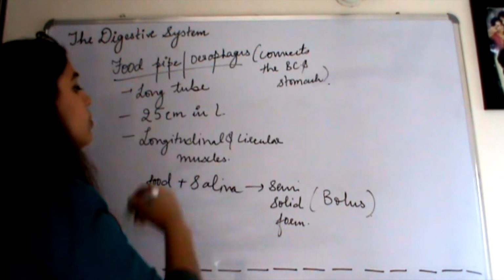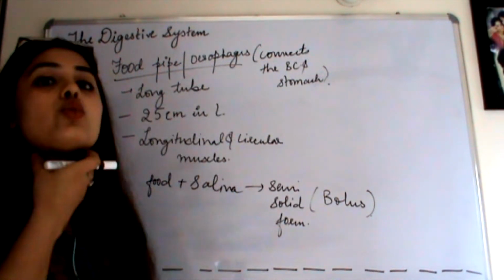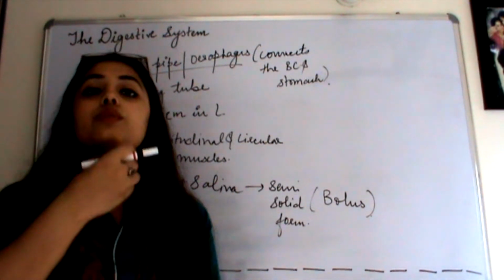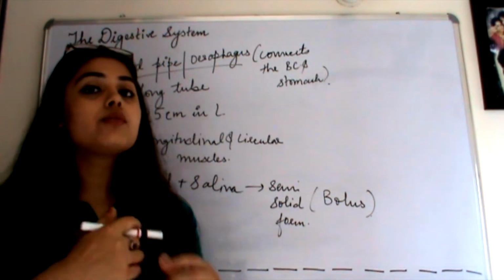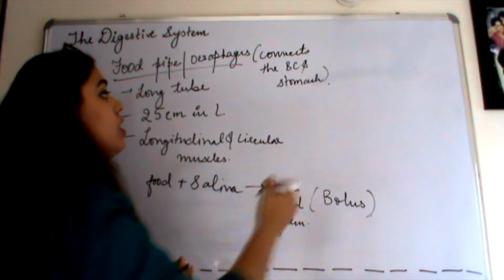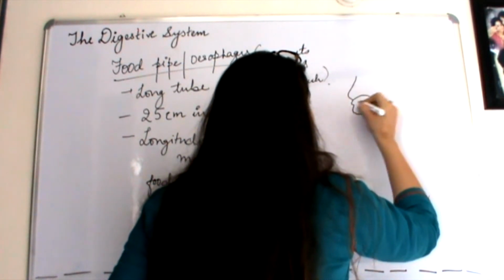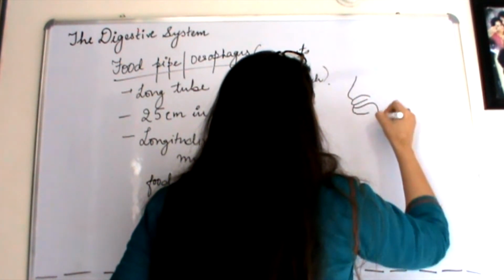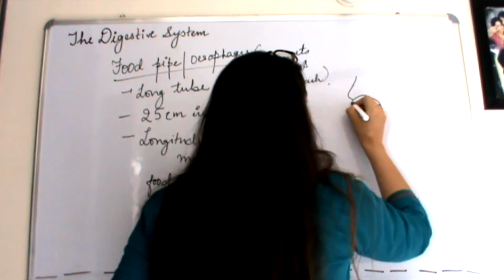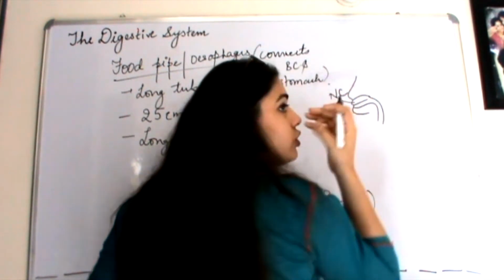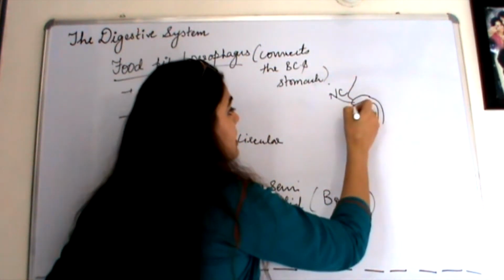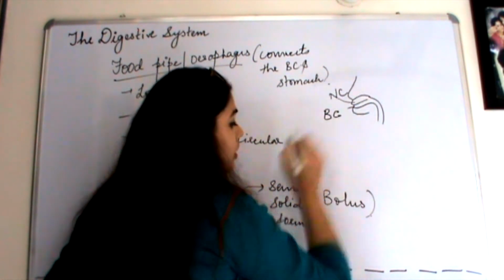So what happens now, this is the bolus, and this needs to enter into the food pipe, and as soon as it is entering the food pipe, it needs to go to the stomach. For example, if I draw the image here, this is the nasal cavity, your nostrils, your nose, and this is the buccal cavity, right?